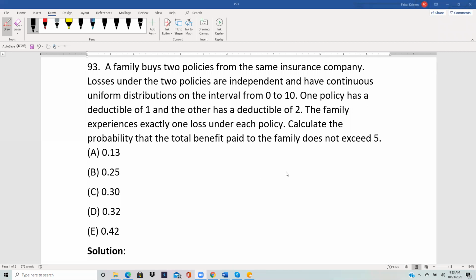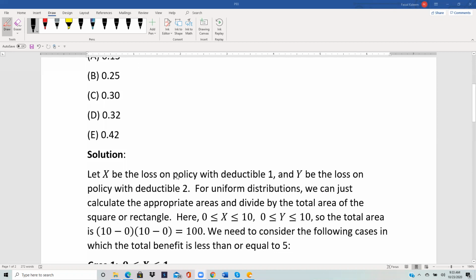We always call the initial variables the ones whose distributions are given. So since the loss distributions are given, let X be the loss on policy with deductible 1 and Y be the loss on policy with deductible 2.